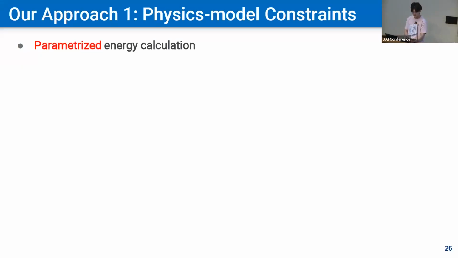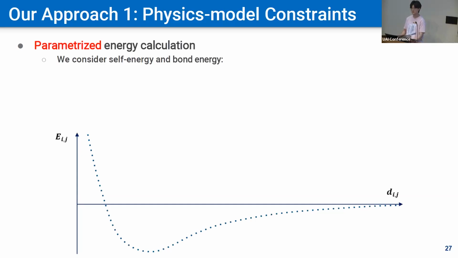First, we began by applying a physics model constraint in energy calculation. When estimating the energy, we considered the self-energy of a single atom and the bond energy between pairs of atoms. And we imposed 3 fundamental rules for the bond energy. Let's look at an example.